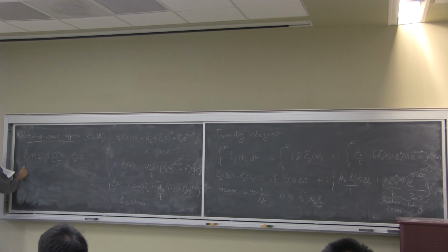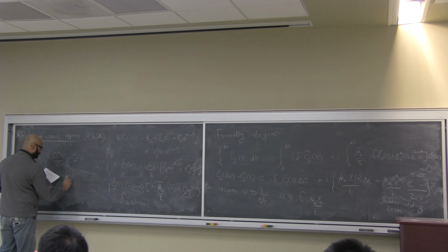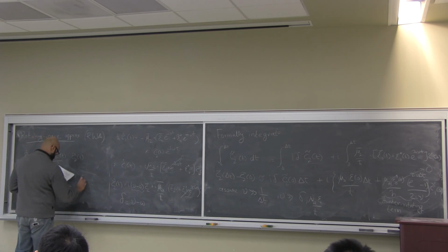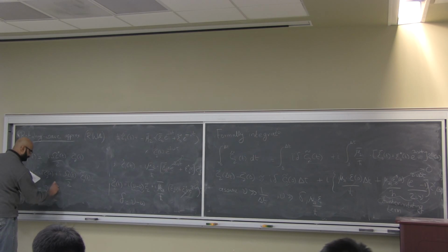And C2 tilde dot of t is i delta C2 tilde of t plus i omega t over 2 times C1 tilde of t, where now omega, the Rabi frequency, is defined as 2 times mu 1 dot E naught over A.